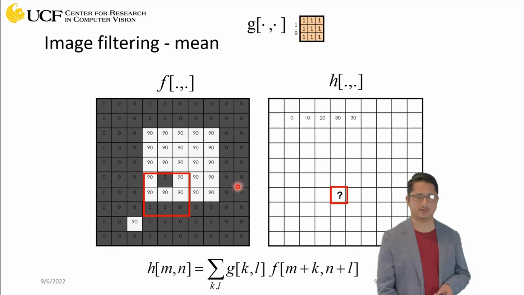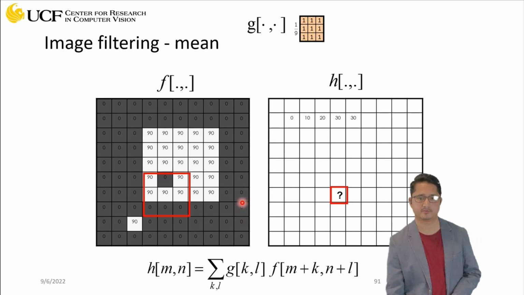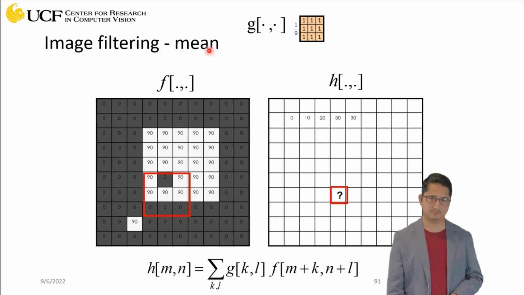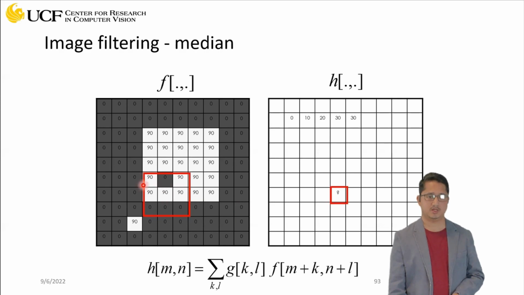So let's look at this simple example. I think it will be more clear. When you are using the mean filter, you have a one at all the places, it's normalized, and we know it gave you 50. What if we use a median filter? Now the median filter will take all these pixel values in the neighborhood.